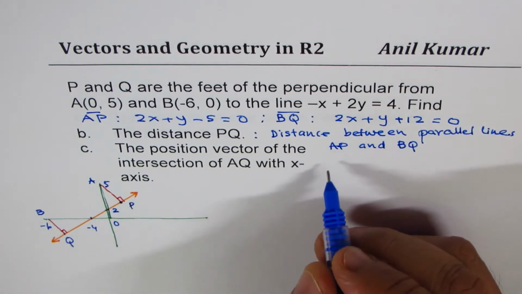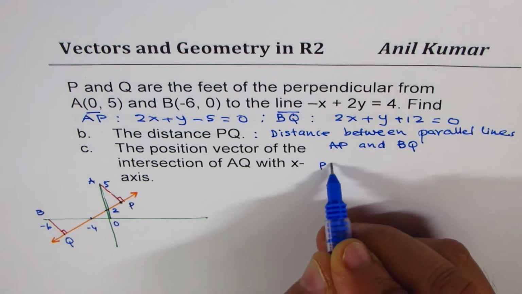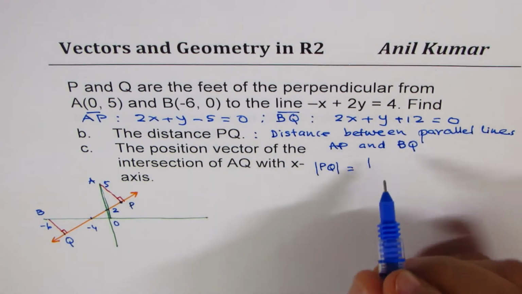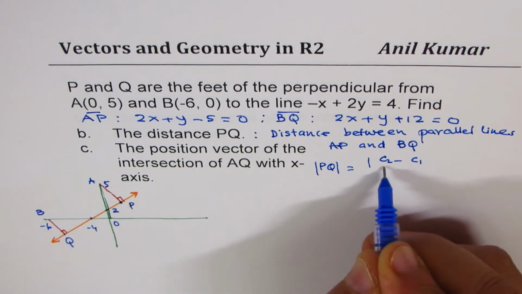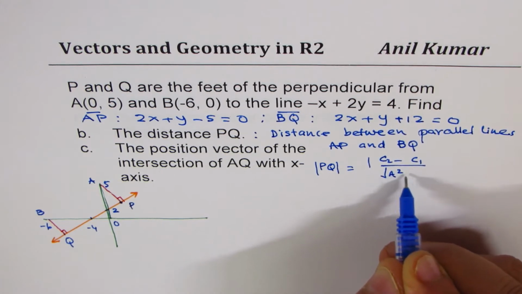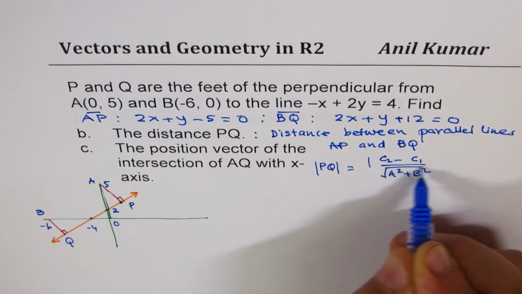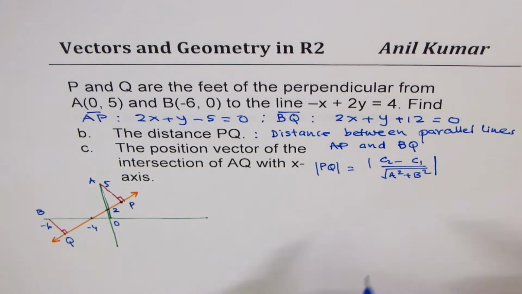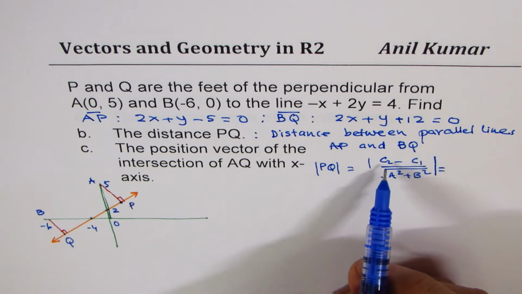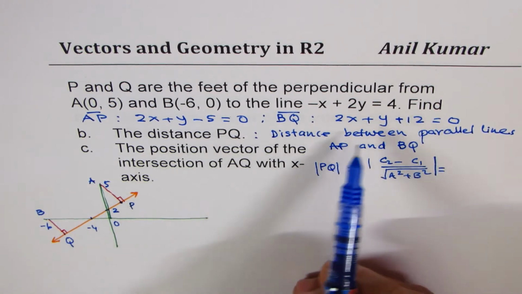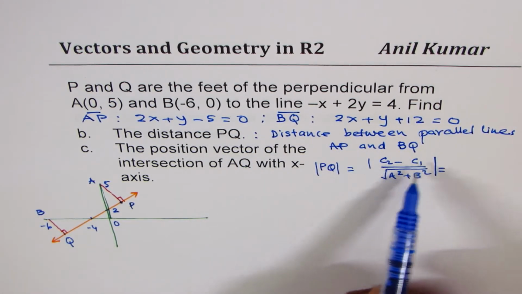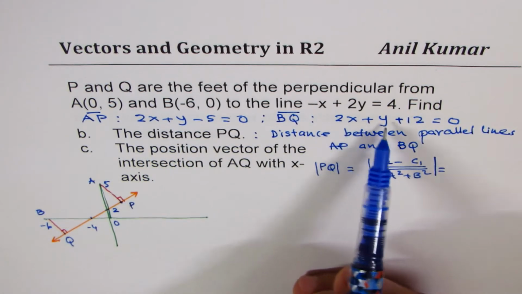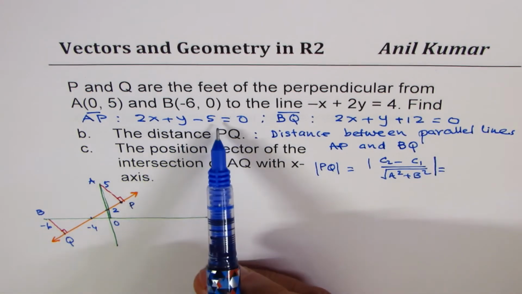Distance between parallel lines. So we say distance PQ is the absolute value of, if you write in standard form, the formula is C2 minus C1 over square root of A squared plus B squared, right? So that is the formula. Now in our case, what is C2 and what is C1? Whenever we do C2, C1, we have to make sure that the Ax, By terms match, because A squared plus B squared matches here.